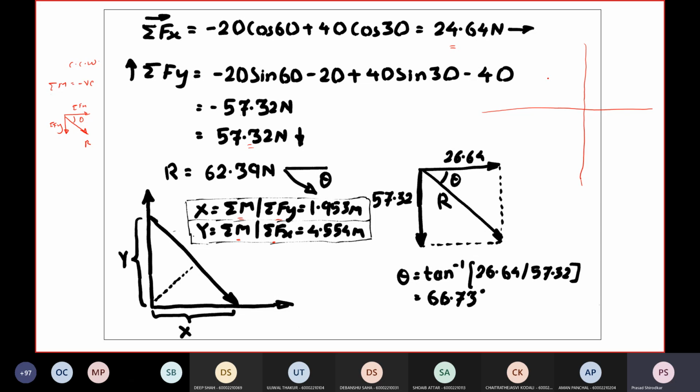Second quadrant. Where? Here, like this. Is this correct? Sir, fourth quadrant. It's like this.